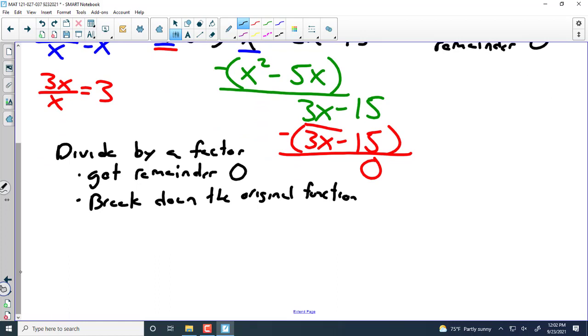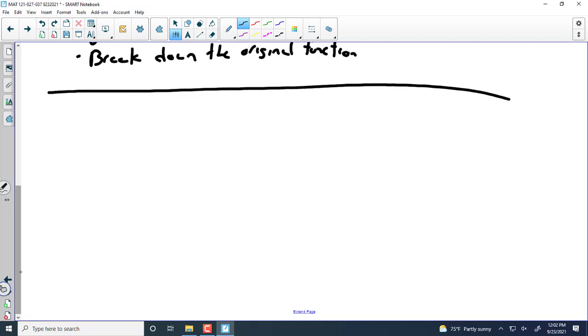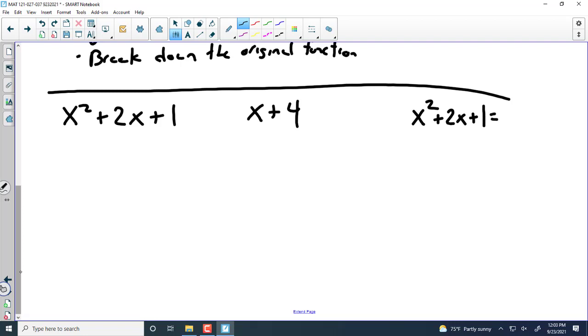All right. So, look at this. Little vocab, everyone. This equation right here, x squared plus 2x plus 1, factors as x plus 1, x plus 1.